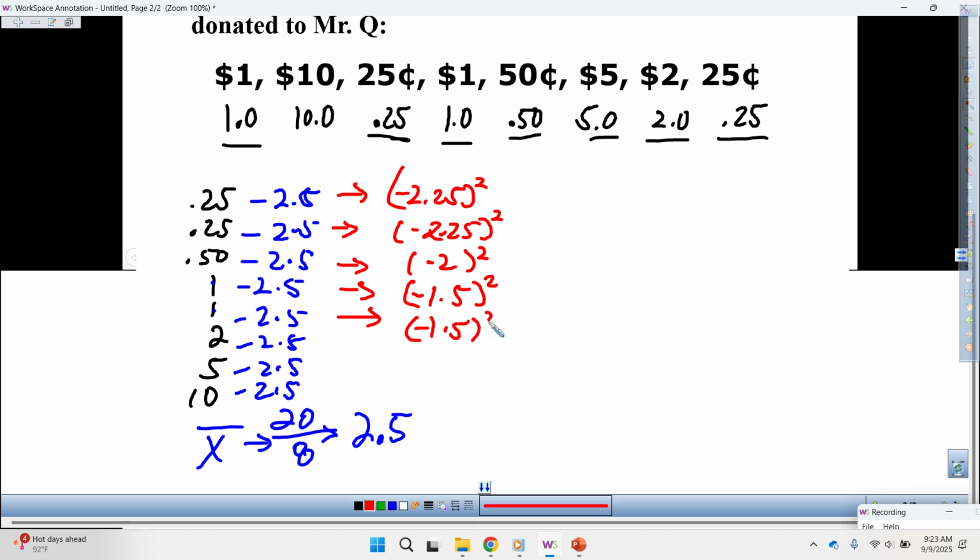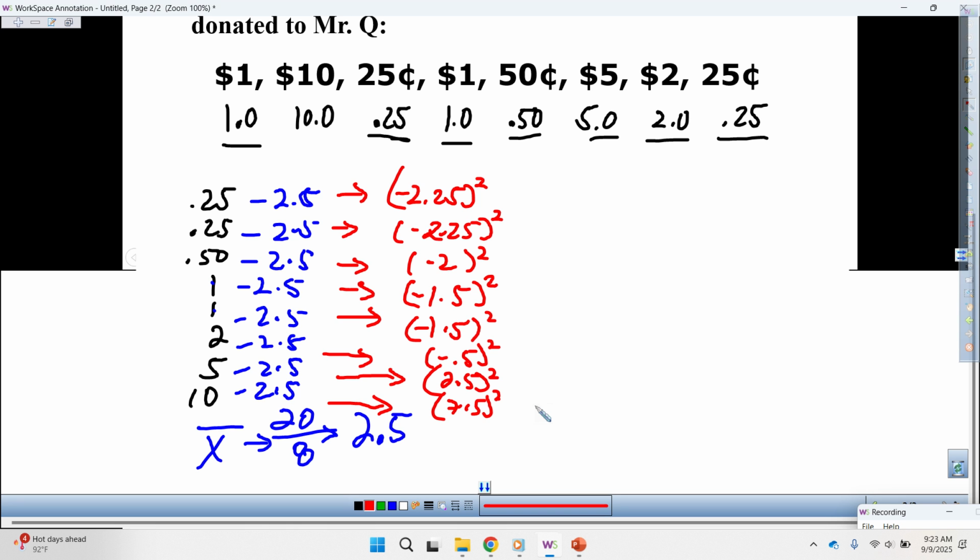Then we got negative 0.5, square that. Then we got 2.5, square that. And last but not least, 7.5, square that. And once again, we already know what to do with those numbers and so on and so forth. Okay? So, check your work.